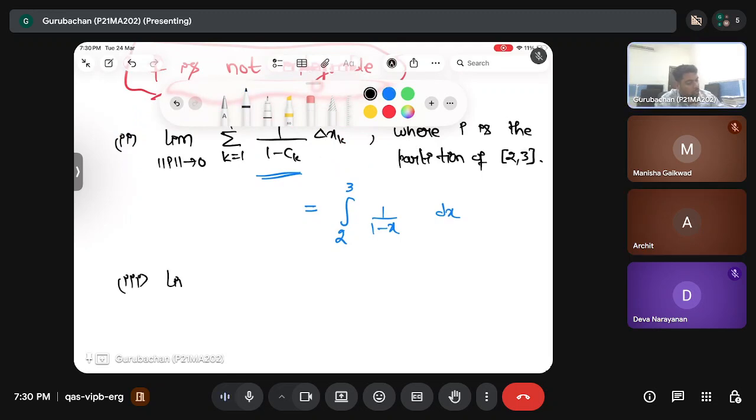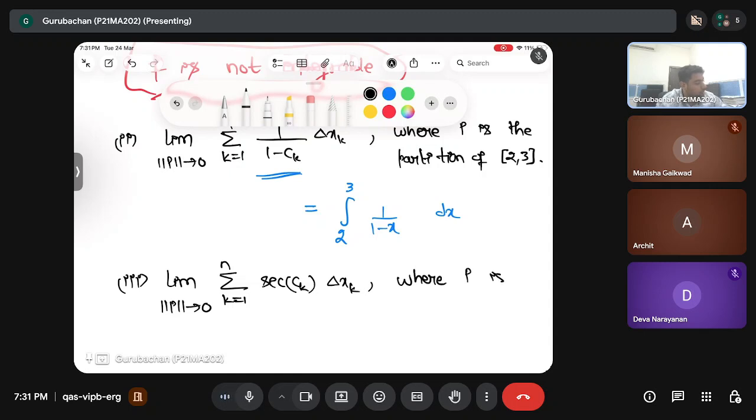Now the last one is the summation k equals 1 to n of secant of ck into delta xk, where p is a partition of minus pi by 4 to 0.